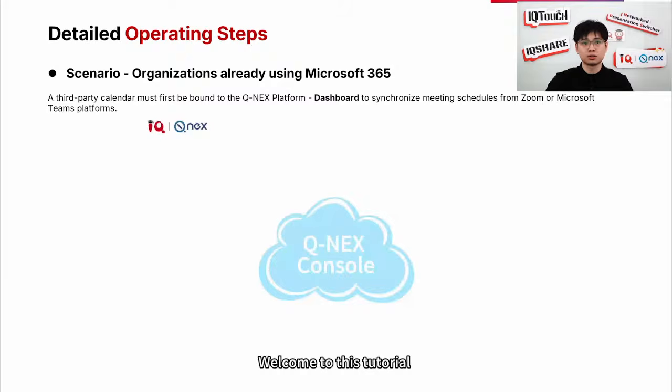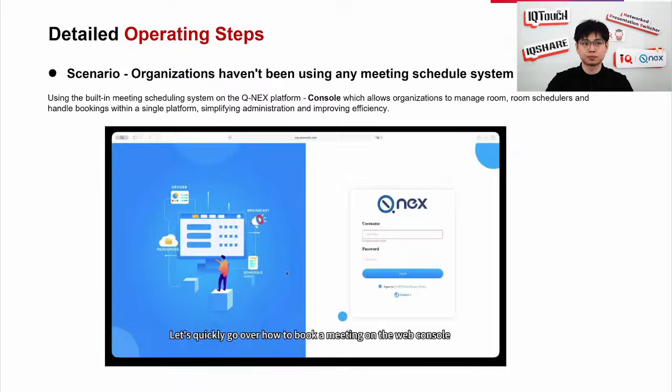For organizations that choose to integrate with Microsoft 365, employees are already very familiar with the meeting booking interface, so I will now explain these details. The second scenario applies to organizations that do not currently use any meeting scheduling system.